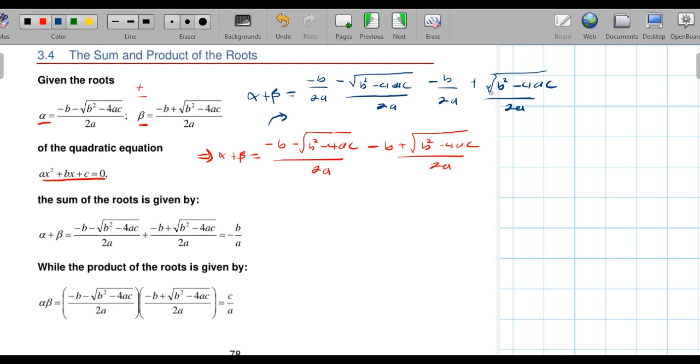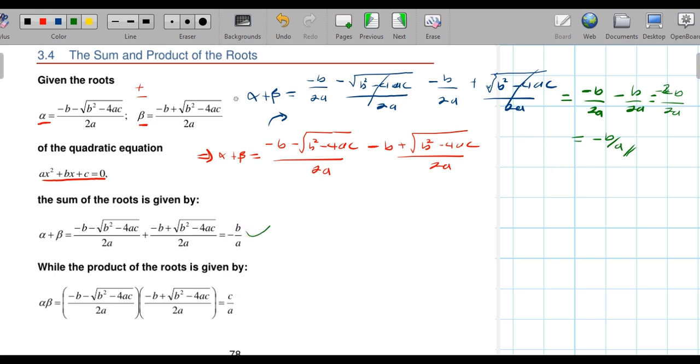So the minus square root and the plus square root will cancel. What we are left with is minus b over 2a minus b over 2a, which means we have minus 2b over 2a, which is equal to minus b over a.